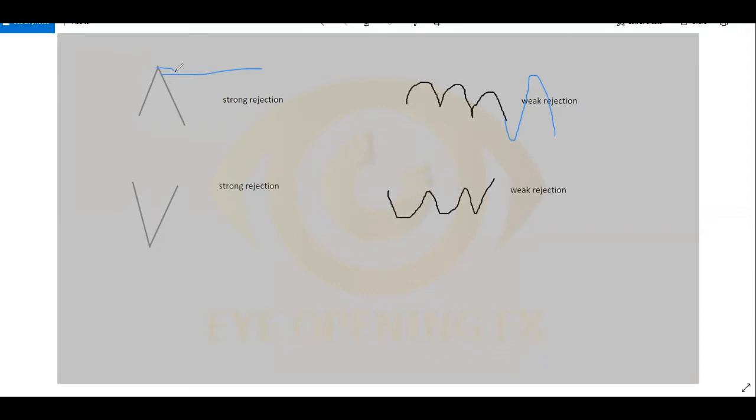The characteristics of major liquidity are about four. The first is a hunting of liquidity. The second is a stop hunt, that means when it creates something like a double top, hunts above that double top, then creates a lower low.